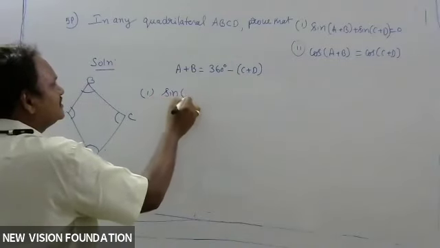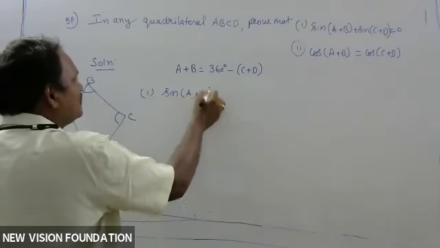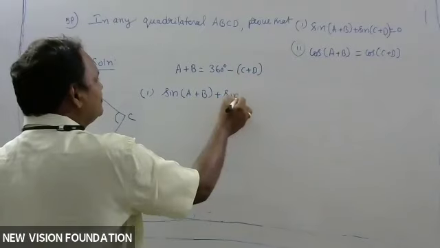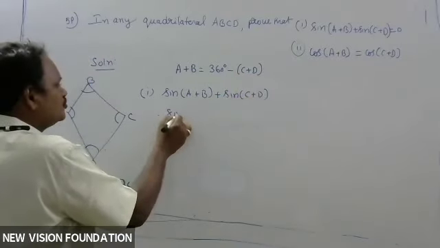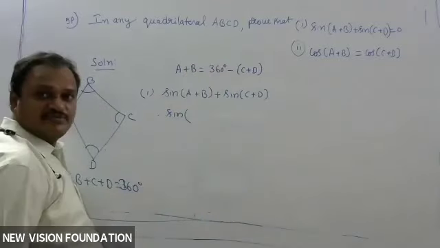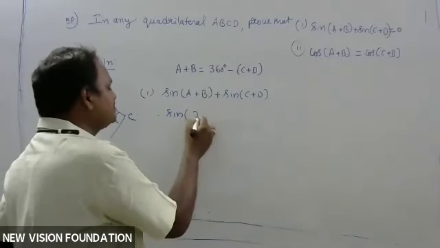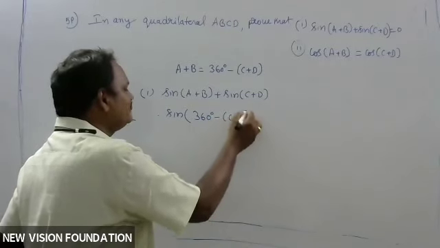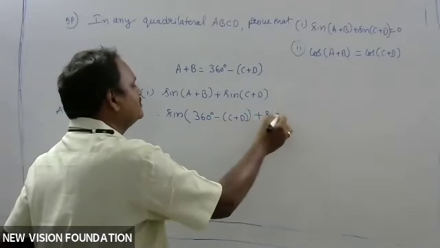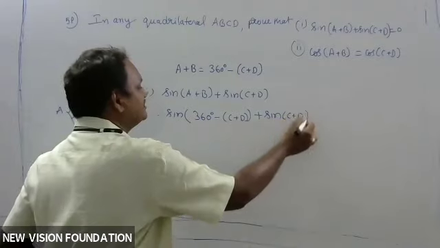Now, using this concept, let us try the first problem. We have here sin of A plus B plus sin of C plus D. Now, my dear students, we substitute in the place of A plus B, 360 degrees minus of C plus D. Then we get sin of C plus D like this.